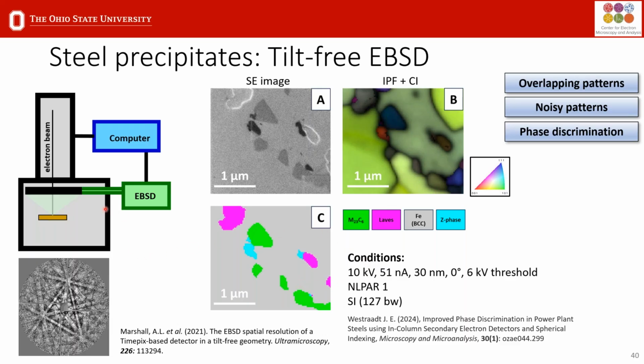And the other advantage is that you don't really have to tilt the sample. It's all flat. You just retract this detector and then you can do imaging with all the other analysis without moving the sample and losing the actual place where you want to do the imaging.